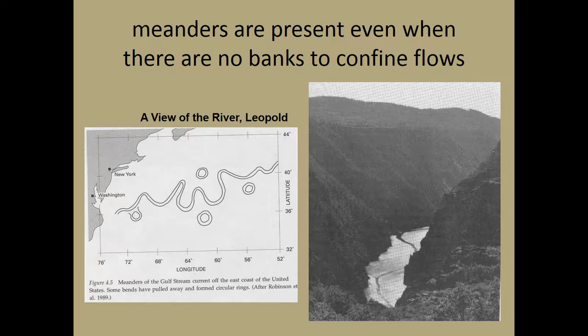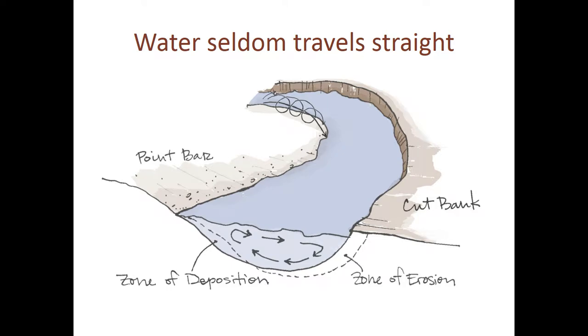It is interesting to note that meander patterns can be spotted even when water flows are not confined by banks. The image on the left shows the meander of the Gulf Stream off the east coast of the United States, and a pattern. Water in a channel moves not in a straight line, but in a corkscrew path.